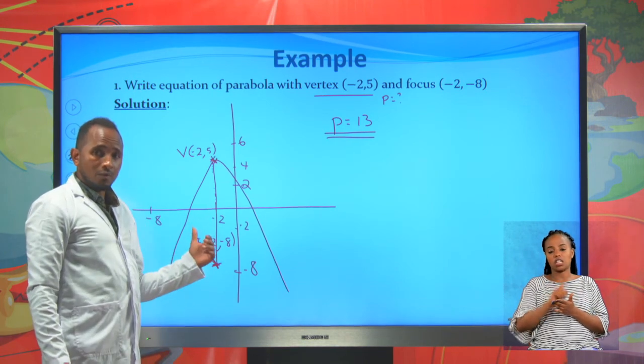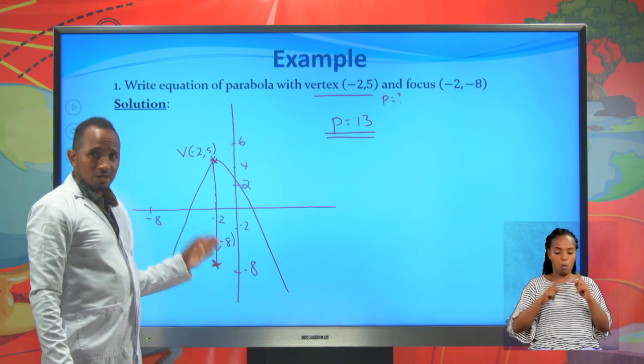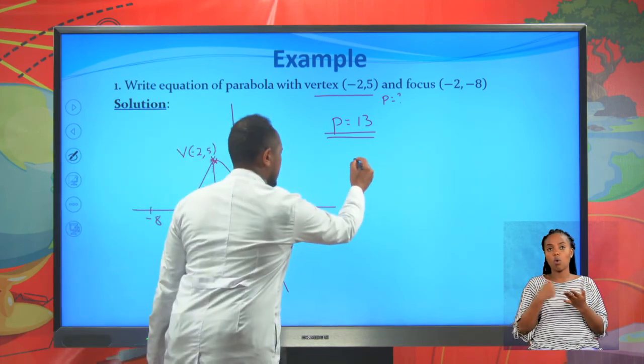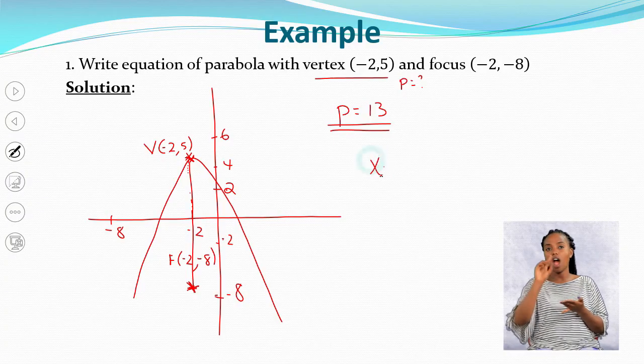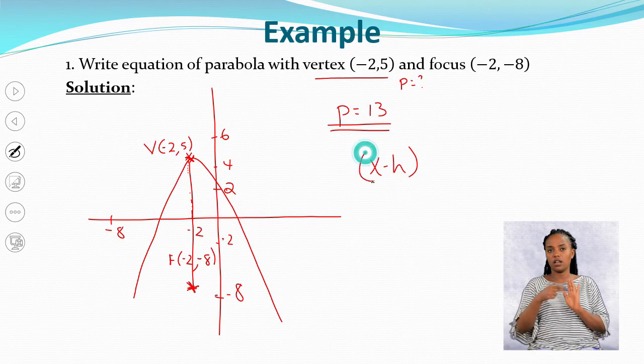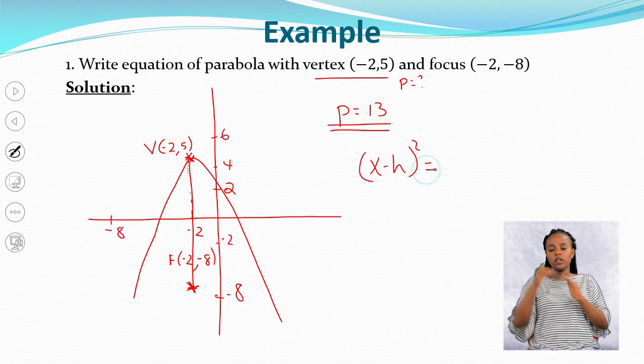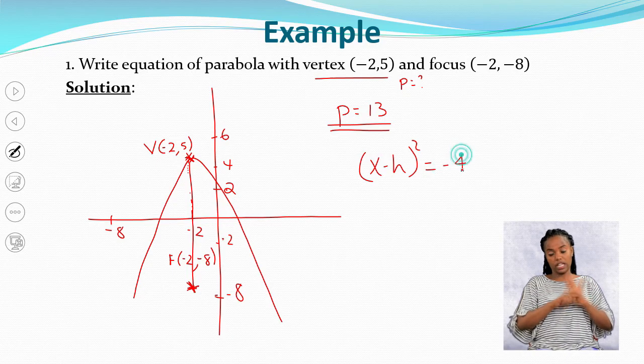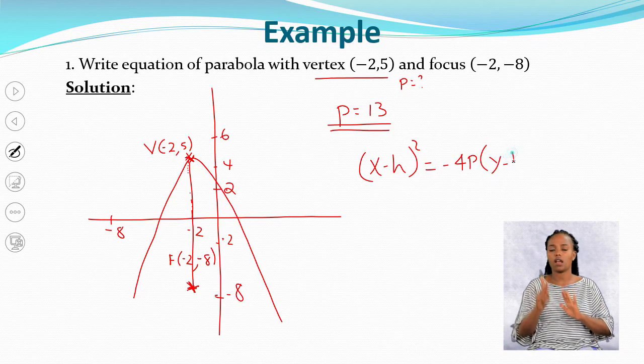This is a parabola with its axis parallel to the y-axis. So you have this form: x minus h the whole squared is equal to, since it opens down, negative 4p times y minus k.